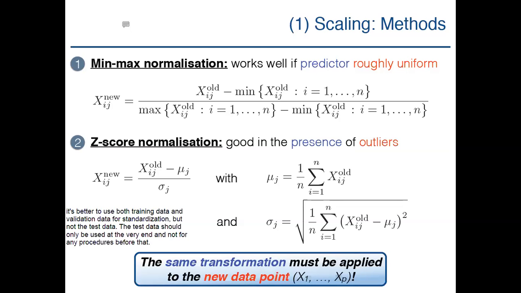Right? So this is the second step. In fact, the first step आपने scale करना है variables को. This is going to be important before you apply the distance measures.